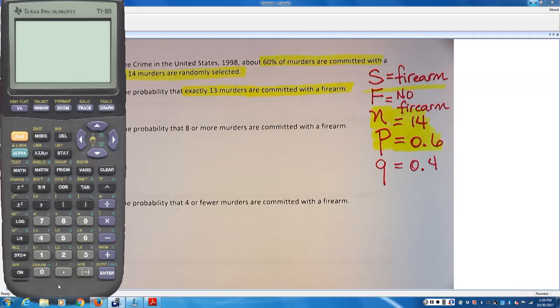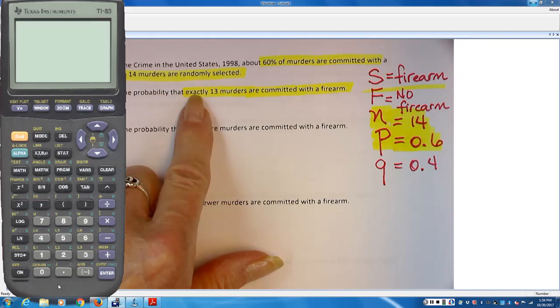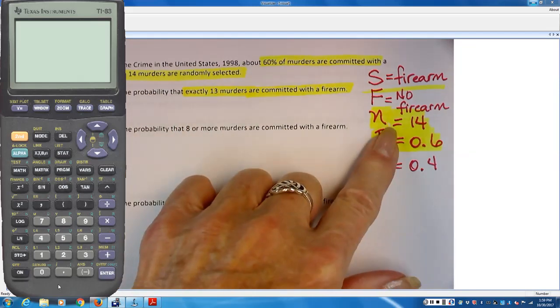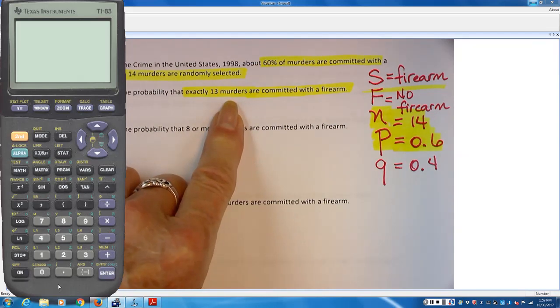What have they told us? What is the probability that exactly 13 out of 14, exactly 13 murders are committed with a firearm? What is X? 13.